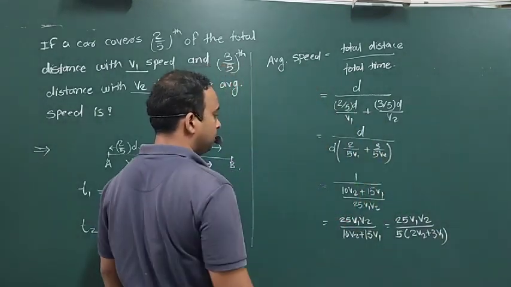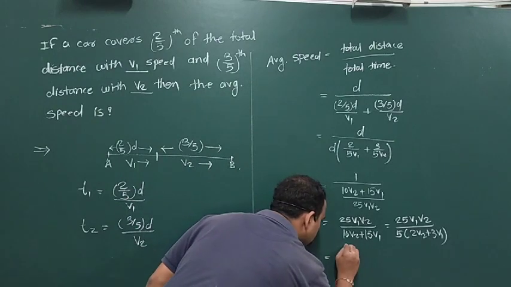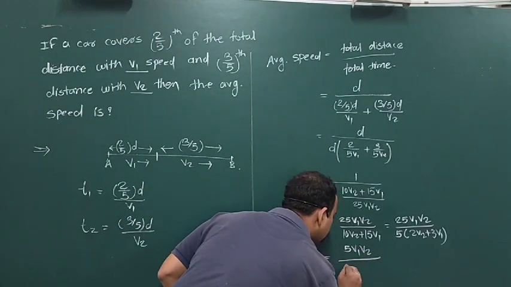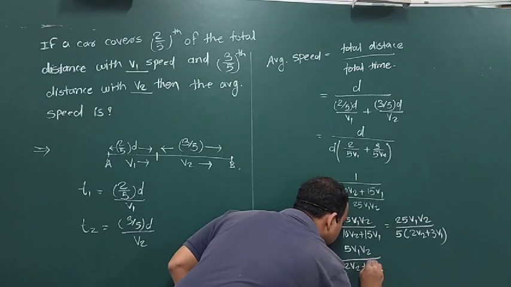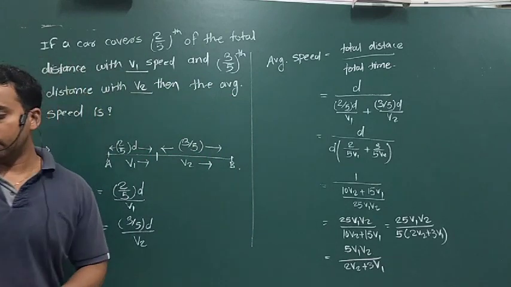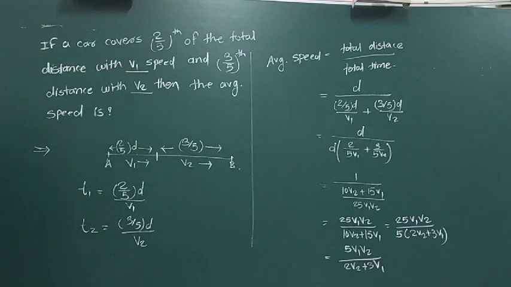So 5 5s are 25, so this is equal to 5 v1 v2 divided by 2 v2 plus 3 v1. Okay, 5 v1 v2 upon 2 v2 plus 3 v1. This is the average speed of that car.